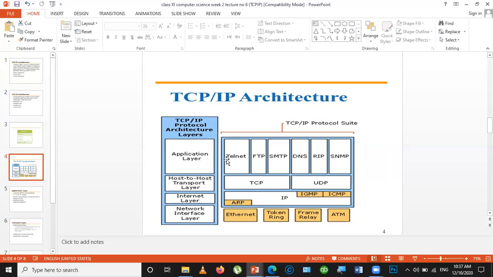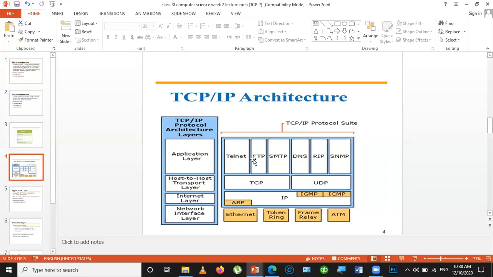All these are protocols, and you can also see these protocols on page number 158 of your computer science book, where the model has different protocols on different layers.